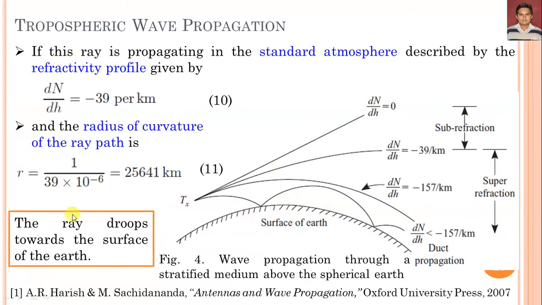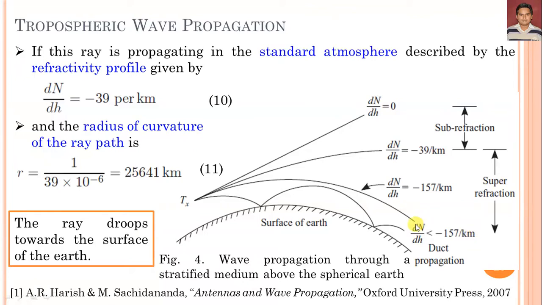Then we get the radius of curvature of the ray path equal to 25641 kilometers. So the ray bends towards the surface of the earth with a radius of curvature of 25641 kilometers. Other conditions we can consider are dN by dh equal to 0, dN by dh equal to minus 157 per kilometer, and dN by dh less than minus 157 per kilometer.